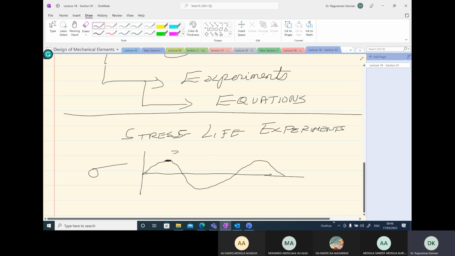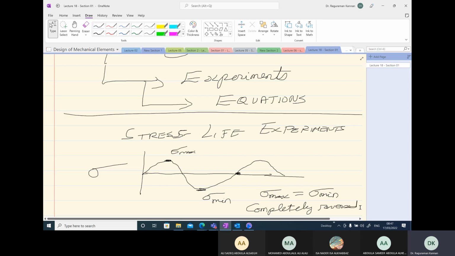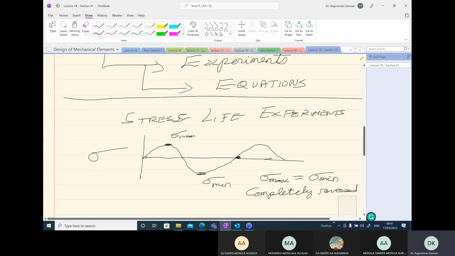There is a maximum value, sigma max, and a minimum value of stress, and there is also a frequency of the stress cycles. If the max value is equal in magnitude to the minimum value of the stress we are applying on the specimen, then it is called completely reversed loading. And this is the way we apply the stresses on the specimen.